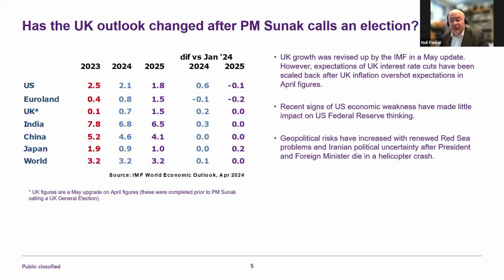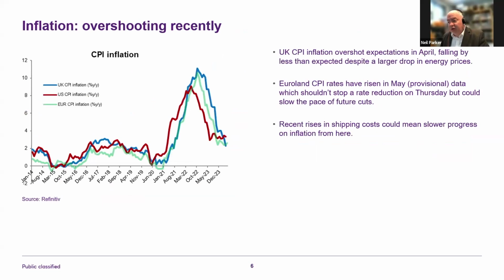So if we move on to the next slide and we look at inflation, what's going on here? Well, it's more of the same, really. You've still seen this stalling in progress as far as US inflation is concerned.